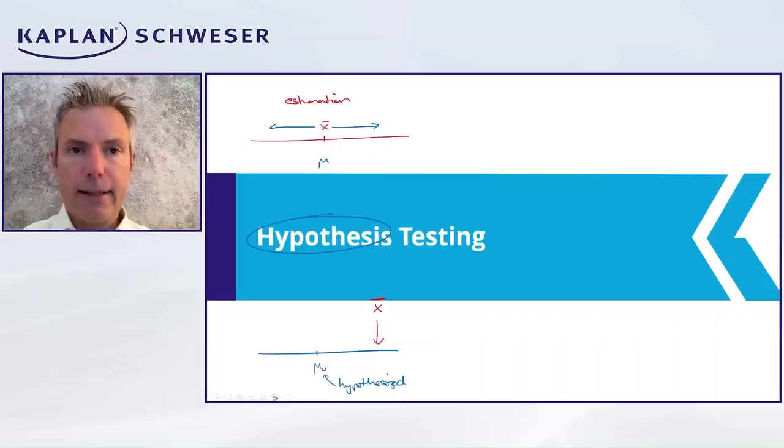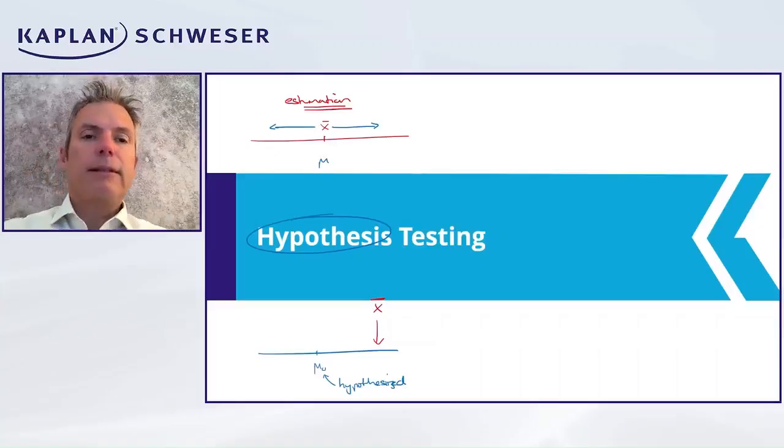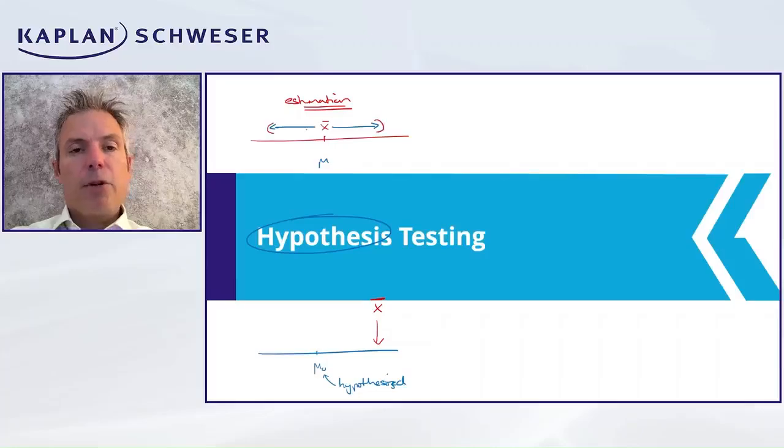These two are linked, because if you perform a calculation of a confidence interval, like we did in the previous module, and you hypothesize that mu was in that confidence interval, you would fail to reject that statement.